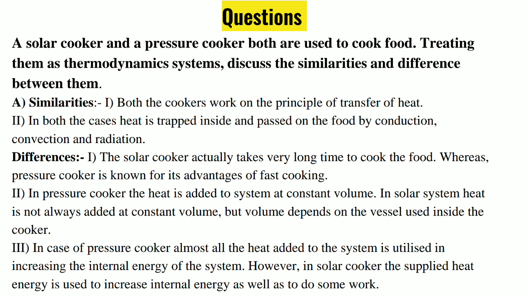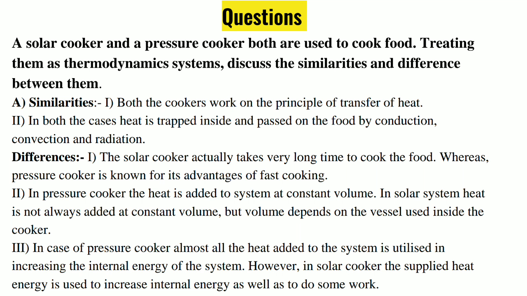So the solar cooker takes a long duration for cooking, but the pressure cooker takes a very short duration. This is a peculiar feature or advantage. In a pressure cooker, heat is added but the volume always remains constant, but in a solar cooker, heat is added and the volume goes on changing. It basically depends upon the vessel which we will be using.